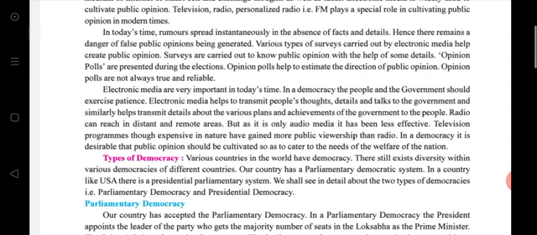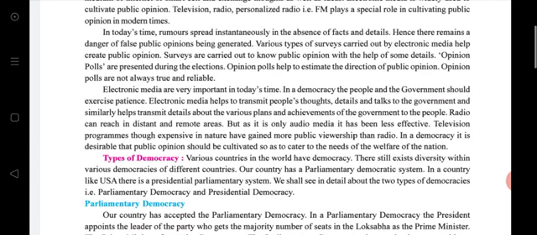Okay. In today's time, electronic media is very important, more than print media. So in a democracy, the people and government should exercise patience. Electronic media help to transmit people's thoughts and details to the government, and similarly help transmit details about the various plans and achievements of the government.